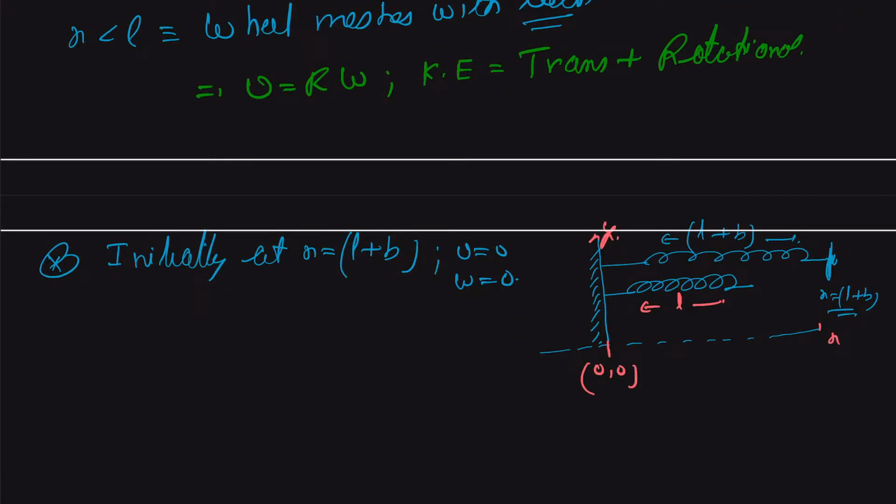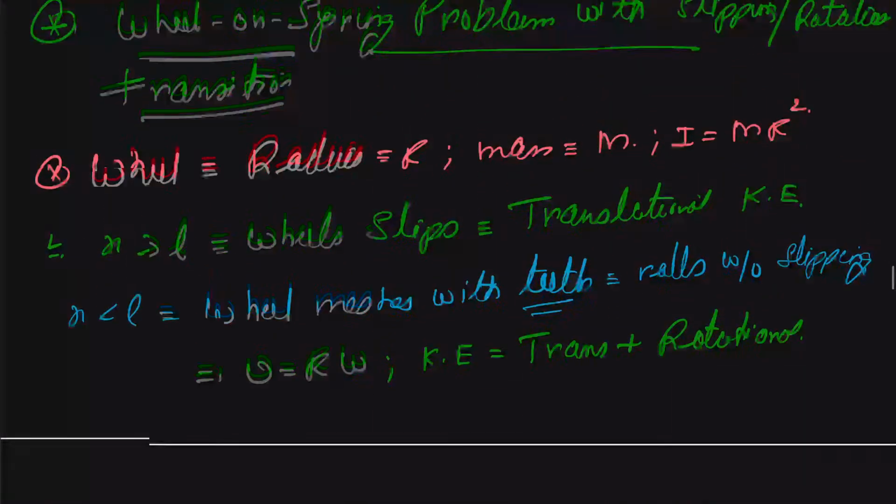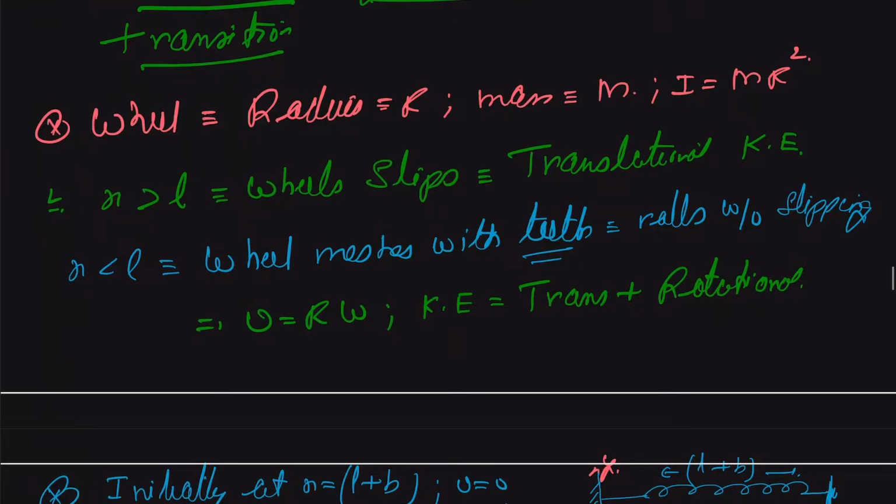So we have our initial motion, and initial motion is x greater than L, and we know that when x is greater than L, there is slipping.